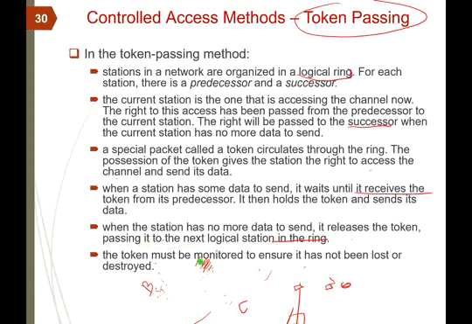The token must be monitored because sometimes the token may get broken or corrupted. So you have to ensure that it has not been lost or destroyed, because if it's destroyed, then no one can send. You have to have one station that has the token so that it can send data.